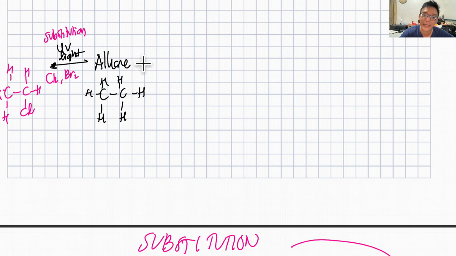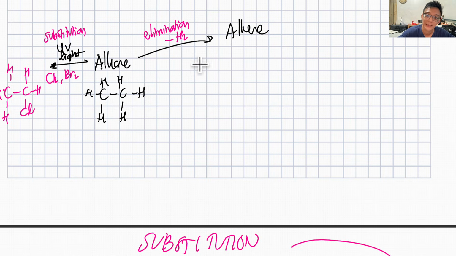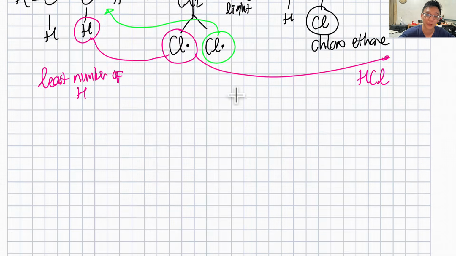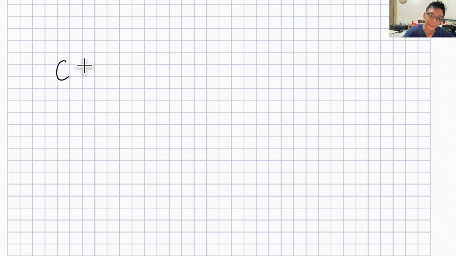Alkane can also be transformed to form alkene. In what way? By the process of elimination. So if we are able to remove hydrogen from this compound, from alkane, then we will get a double bond. So let's say here, we have ethane.